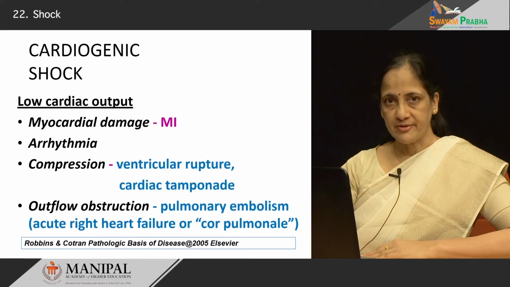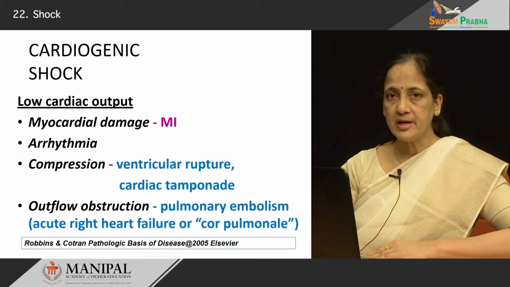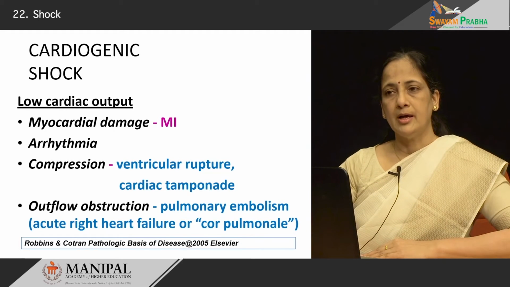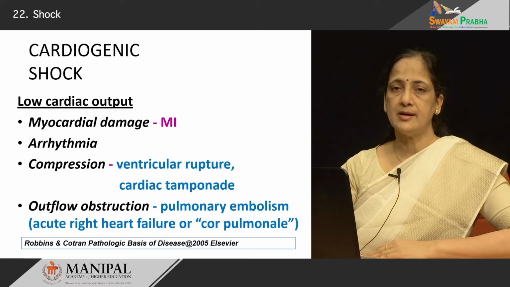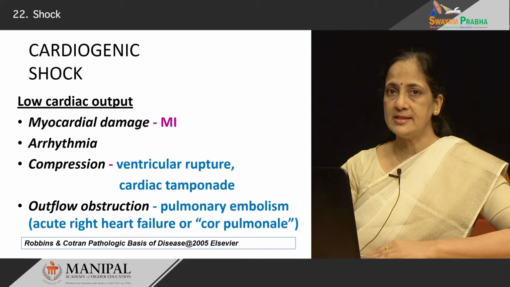Arrhythmias where the rhythm is affected, like for example in atrial fibrillation, also affect the cardiac output. If in a myocardial infarction patient, the softened myocardium ruptures, then blood escapes into the pericardial cavity and in turn affects the contractility of the heart. So, that would in turn affect the cardiac output. Similarly, cardiac tamponade, where there is fibrosis of the pericardium inhibiting the contractility of the heart.